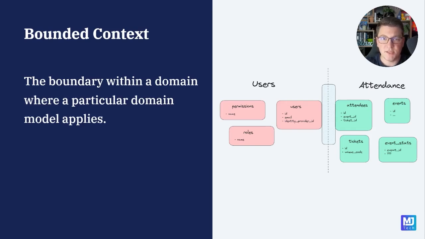What I mean by this is that the user entity inside of one bounded context, where we also have roles and permissions for authorization purposes, could be the same entity in the attendance context, except it is given a name that is specific to that context. And in this case, it is an attendee. However, when it comes to the real world, this would be the same entity. And another way how this would be evident is that the identifier of the user in the user's bounded context would also be the same value given to the attendee's entity in the attendance bounded context.